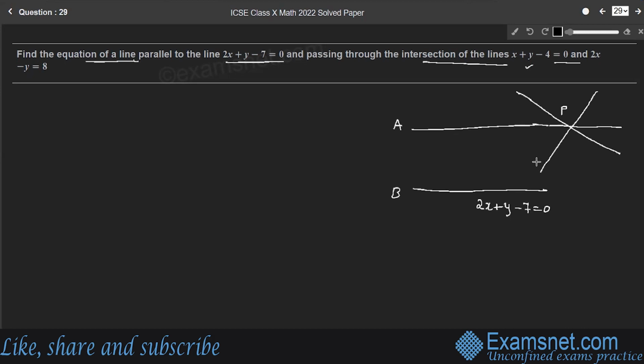Here C is x plus y minus 4 is equal to 0, and the other line D is 2x minus y is equal to 8. We need to find the equation of the first line, which is A.